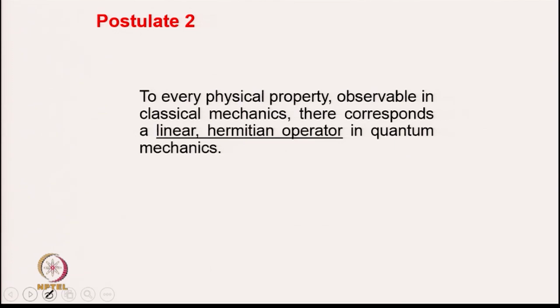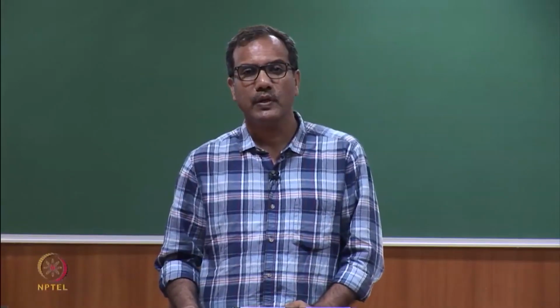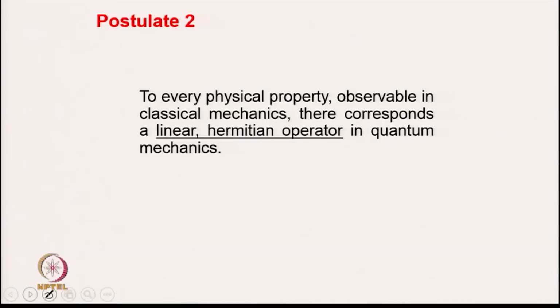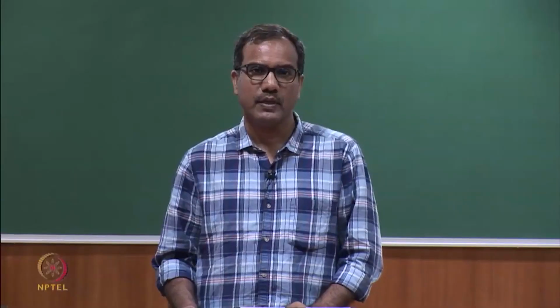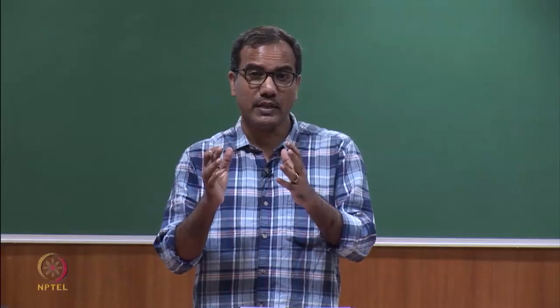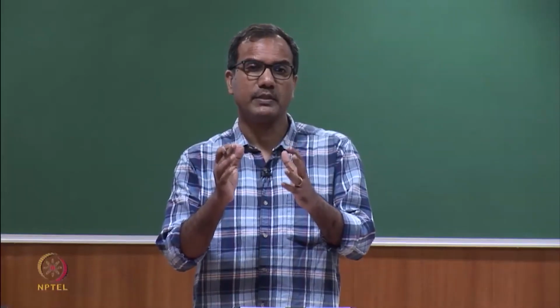Now, postulate 2 tells you that for every physical property, every observable in classical mechanics, there corresponds a linear Hermitian operator in quantum mechanics. So, there are 3 important parts of this postulate.